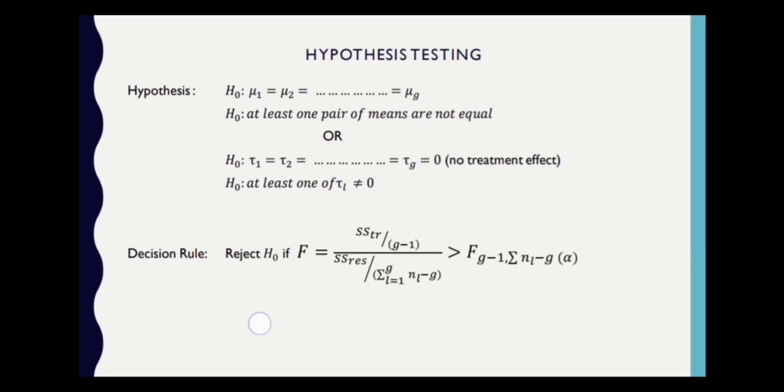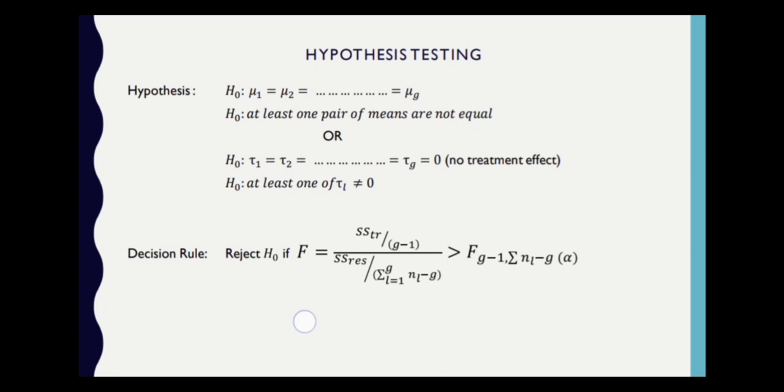Okay, and then the F statistic will be this one, which is SS treatment divide its degree of freedom over SS residual divide its degree of freedom.